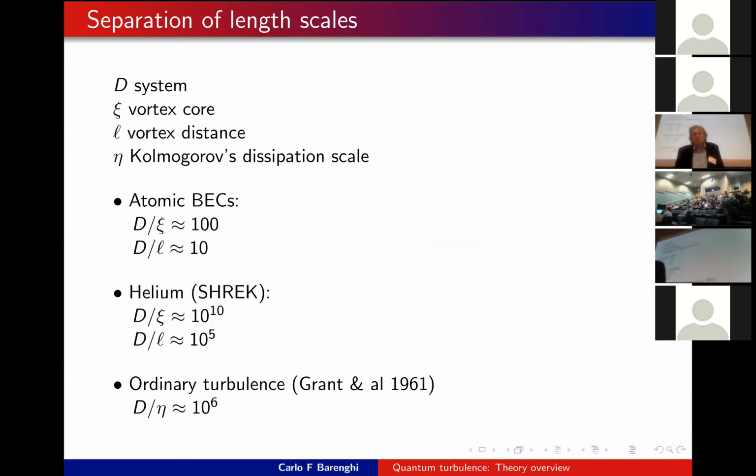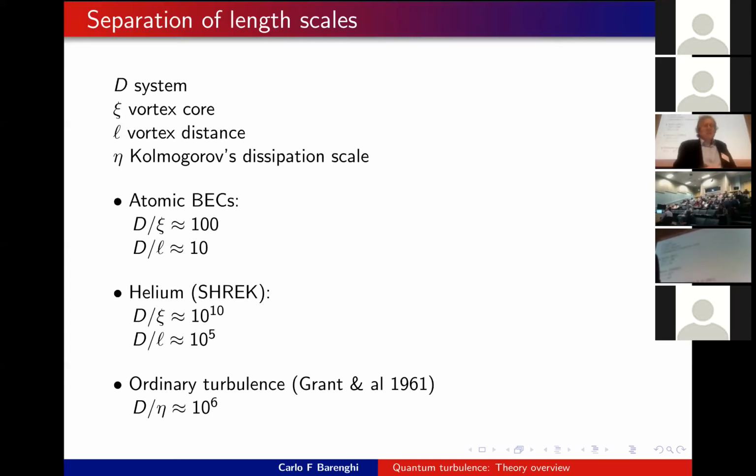And then this also brings the other problem that we have this separation of length scales to account for in studying quantum turbulence, which is quite crucial to keep in mind. When we deal with atomic gases, atomic BECs, systems are quite small. Here I've put some values typical of experiments. D is the system size.